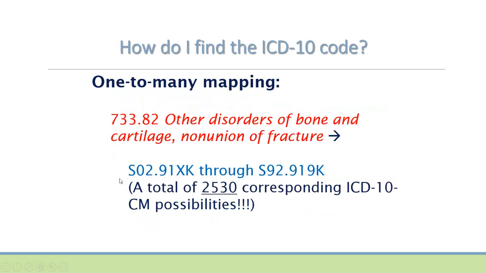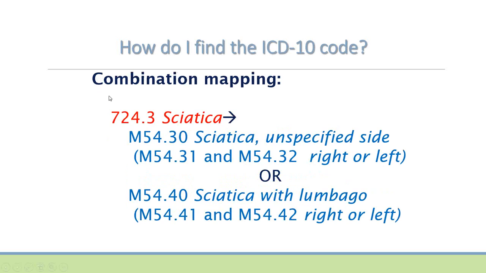Aren't you glad you're not taking care of non-union fractures? This code right here could possibly have 2,530 corresponding ICD-10 possibilities. Closest one to this for us is a soft tissue, and I'll show you that in just a little bit.